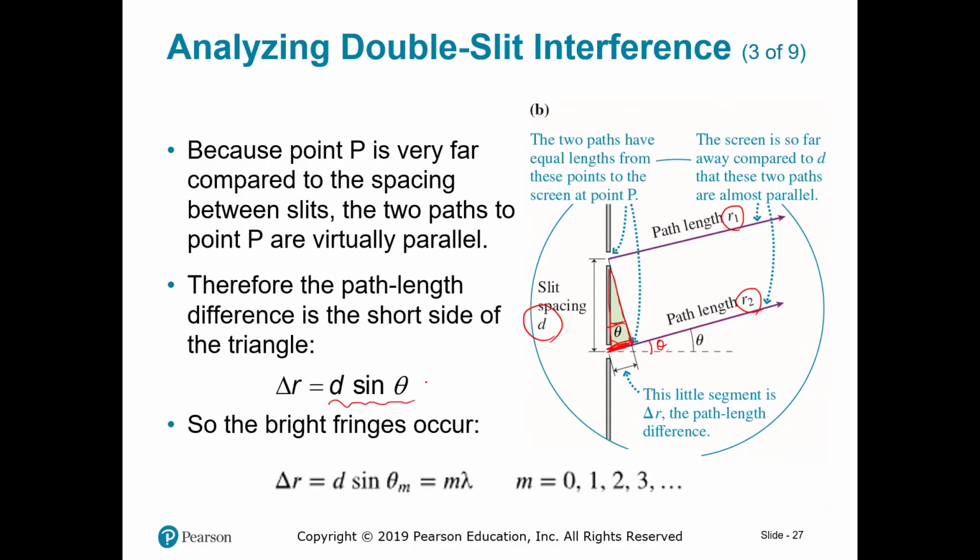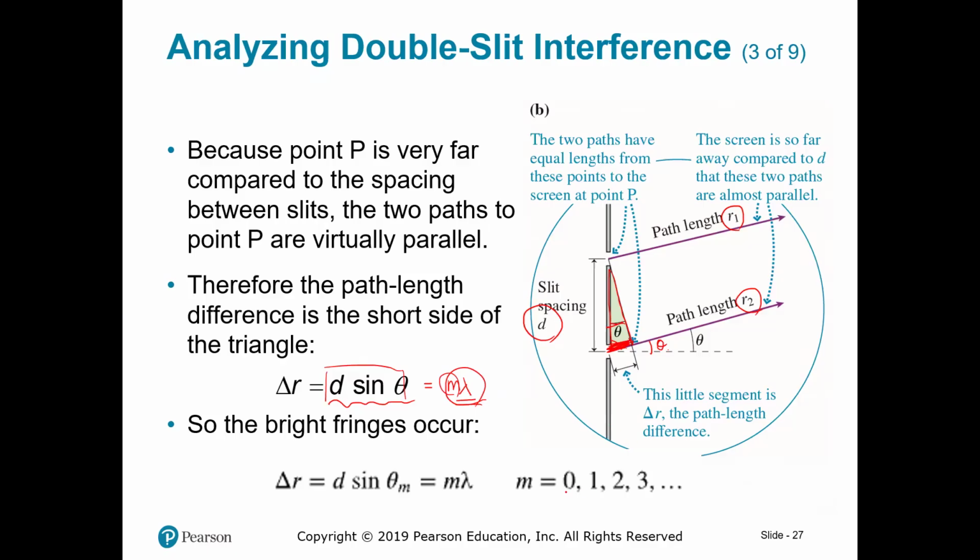Especially when this path length difference is m lambda, as we did for the sound source, then this is the constructive wave condition, right? So d sine theta is the path length difference, and when this is m times a whole number of wavelengths, then this is a location where we have a constructive wave.